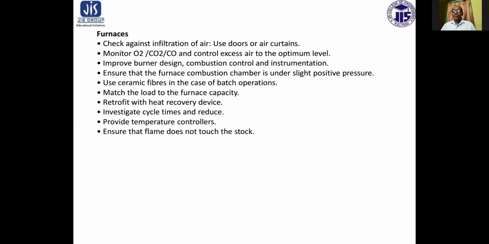Match the load to the furnace capacity. Retrofit with a heat recovery device. Investigate cycle times and reduce them. Provide temperature controllers. Ensure that the flame does not touch the stock.